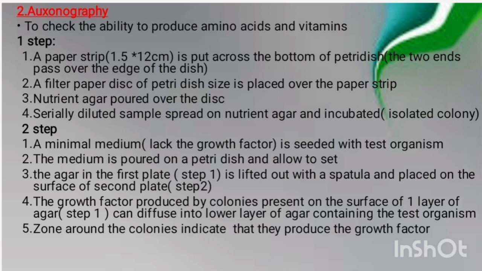That is, test organism is inoculated into a minimal medium. That minimal medium lacks the growth factor, amino acid or vitamin. That seeded medium is poured on the surface of a petri dish. Then the plate is allowed to set.